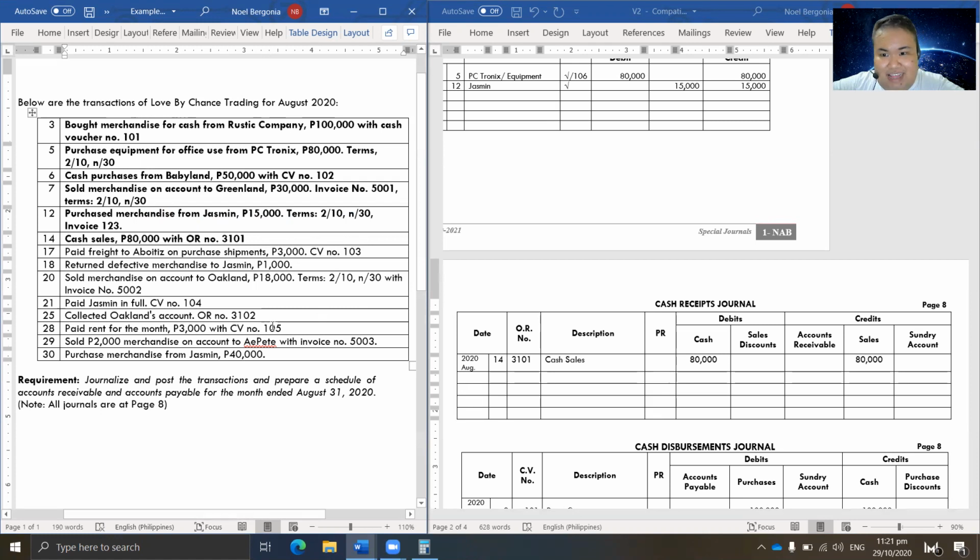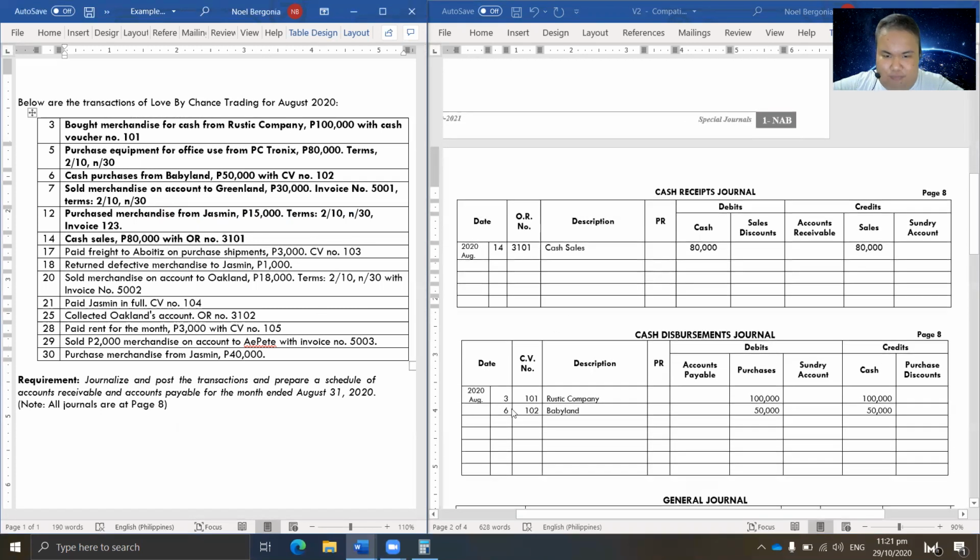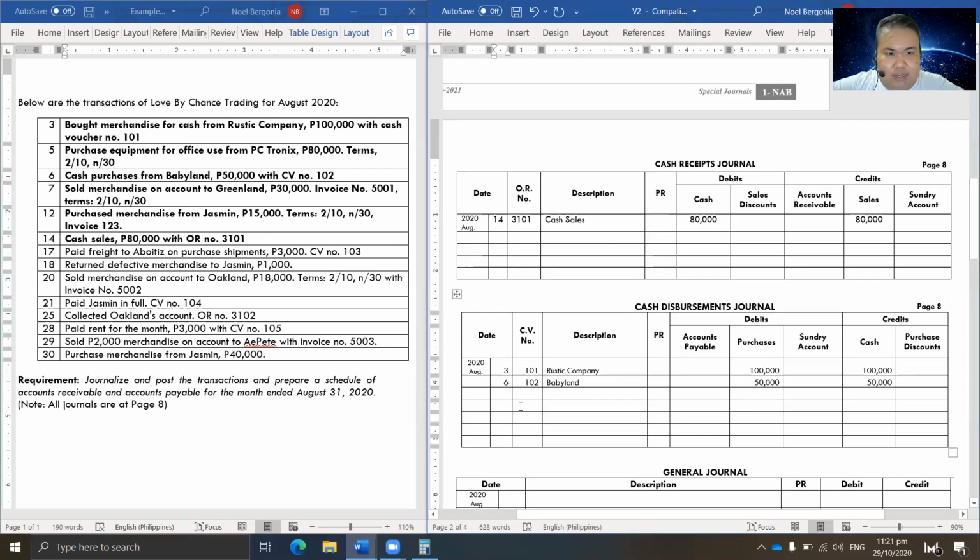We have paid. So cash disbursements, very good. So dito tayo sa cash disbursements journal. So the date is on 17. Okay, what's the cash voucher? 103. Okay, description natin. Meron ba tayong freight in? What's the entry to record the shipment?